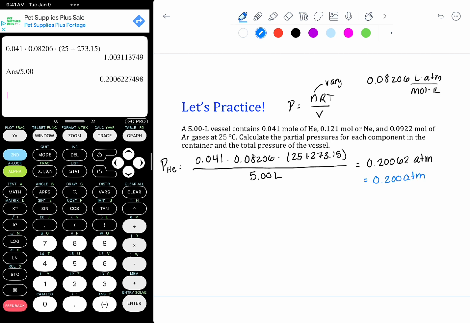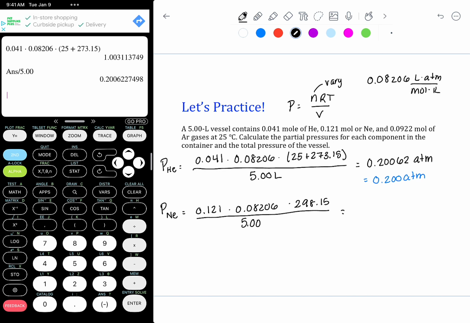Okay. So then we have the pressure of neon. It's the same setup, except now we're going to swap out 0.041 for 0.121. But the R is the same, and the T is the same. 25 plus 273 is 298, and the volume is the same.